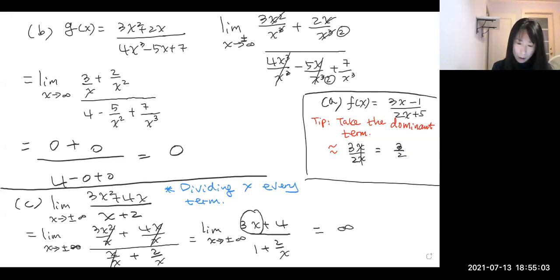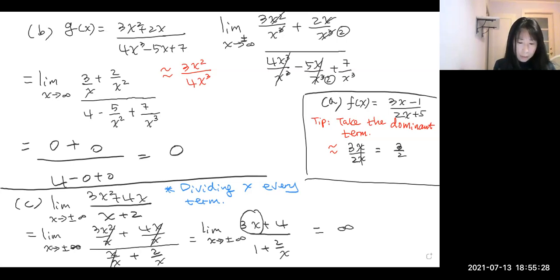Okay, how about this one? Second one, take the dominant term, which is 3x squared over 4x cubed. Okay. All right.